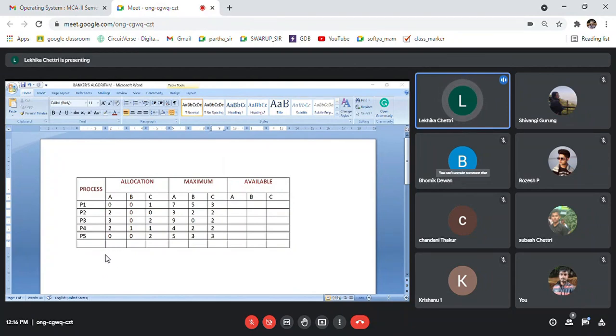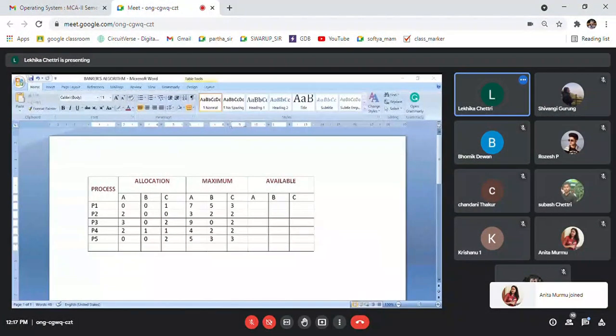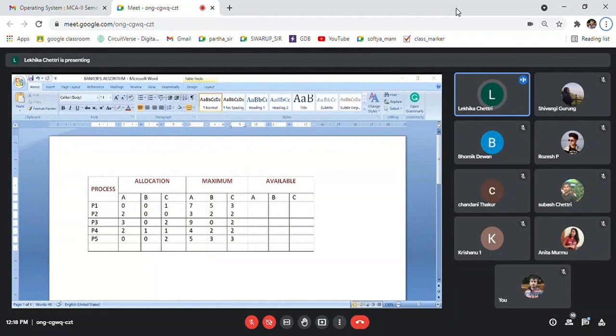Third, no preemption, and fourth, circular wait. If all these four conditions occur simultaneously, then your system will enter into deadlock.